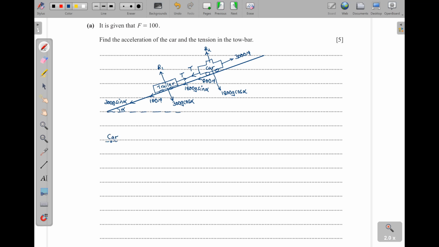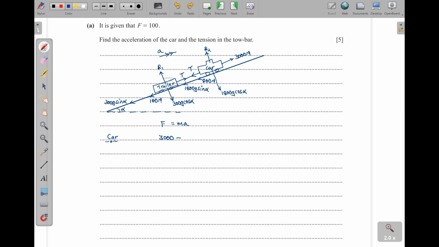Then we also look at the ones that are acting on the trailer. So we use F equals MA. Okay? Now, the system is going this other side. So we have this driving force for the car, so 3,000 minus the resisting forces here. We have this one, and the tension, okay?